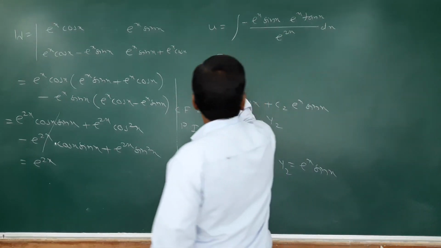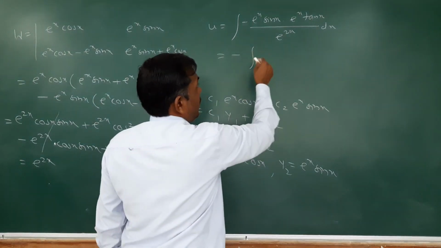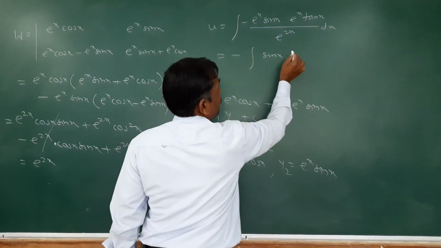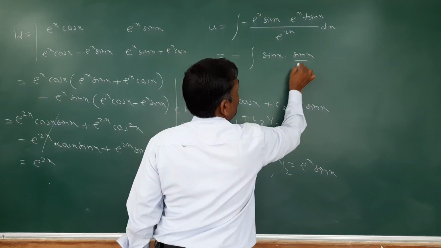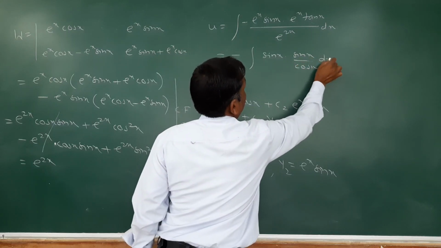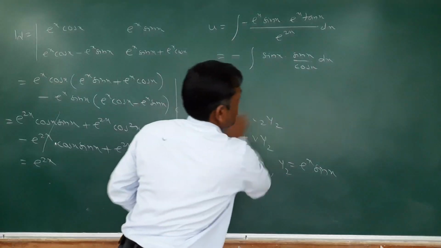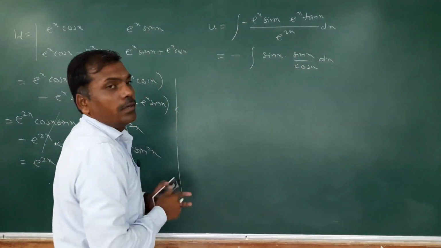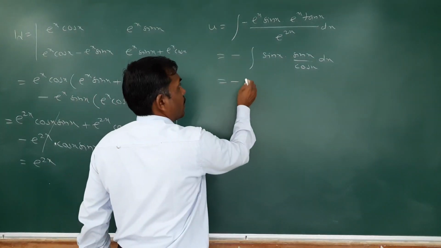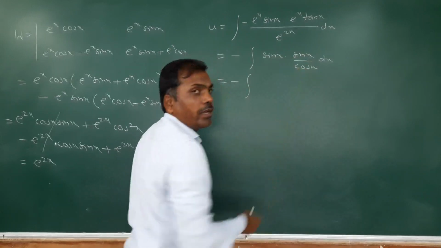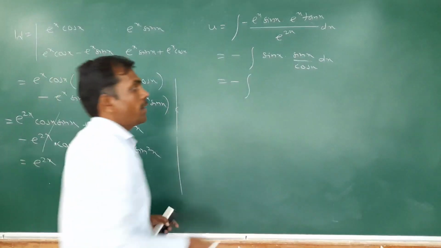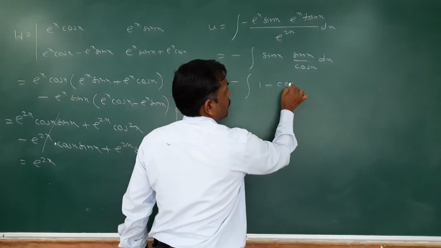So here, minus integration of sin x as it is, tan x we can write as sin x upon cos x, dx. So sin x into sin x gives sin square x, which we can write as 1 minus cos square x.